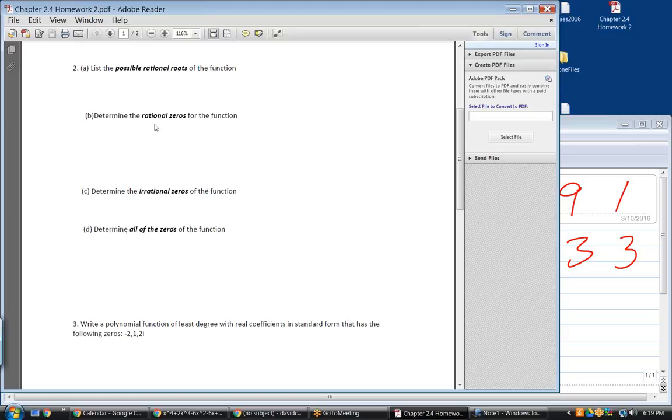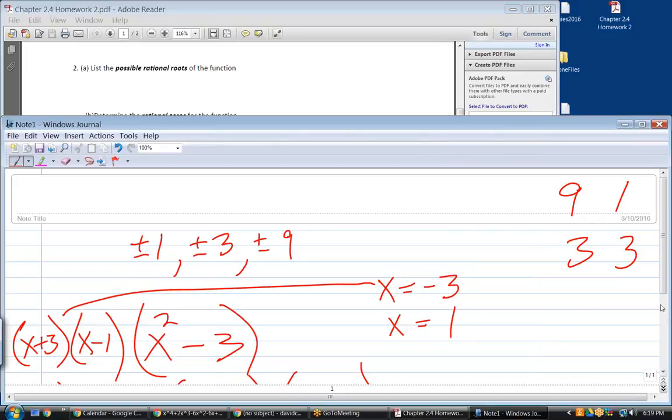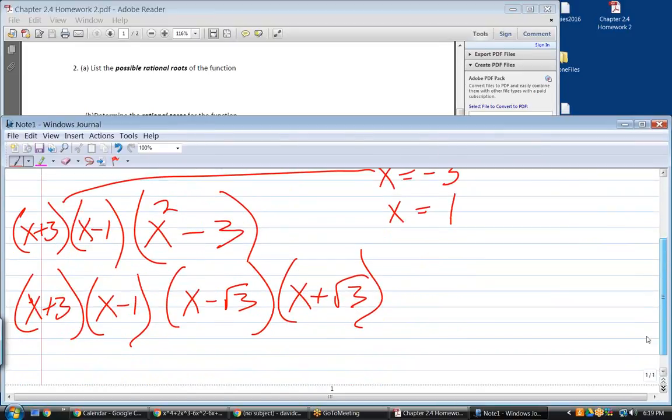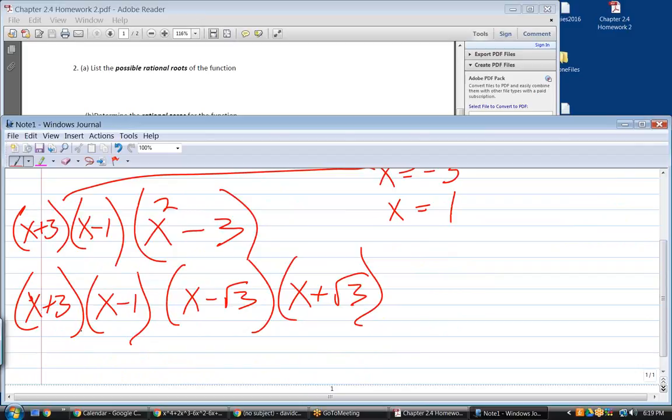Well, that's the rational ones plus the irrational ones. And so all of the zeros are these 4. These are the 4 linear factors. Those are not the zeros. The zeros are minus 3, 1, square root of 3, and minus square root of 3. Those are the 4 zeros.